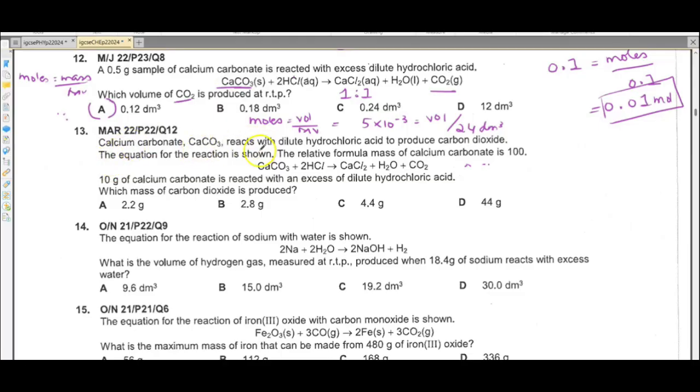Calcium carbonate reacts with dilute hydrochloric acid to produce carbon dioxide. The equation for the reaction is shown. The relative formula mass of calcium carbonate is 100. 10 grams of calcium carbonate is reacted with an excess of dilute hydrochloric acid. Which mass of carbon dioxide is produced?